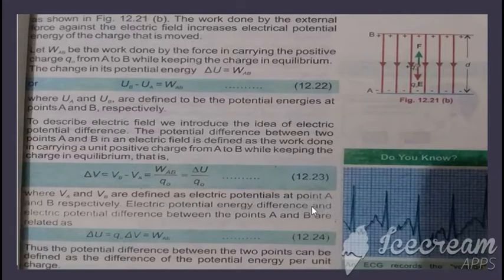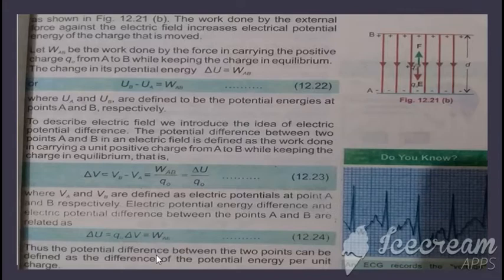So how are the electrical potential energy difference and the electrical potential difference between the points A and B related to each other? They are related by this Q naught. So delta U is equal to Q naught delta V, which is equal to WAB.